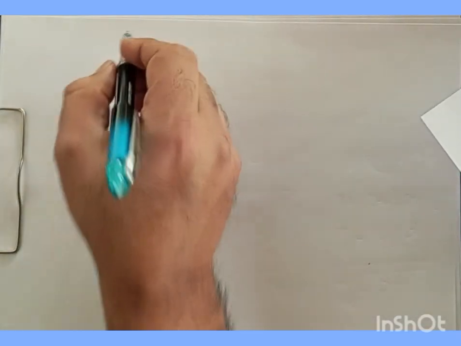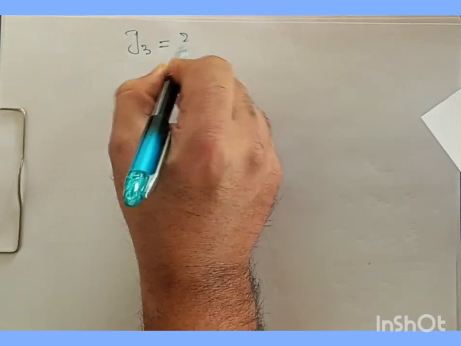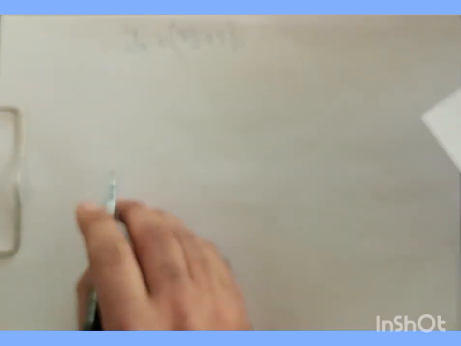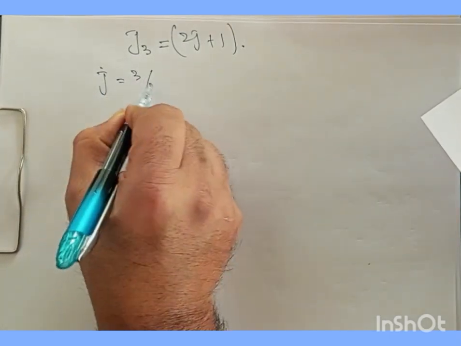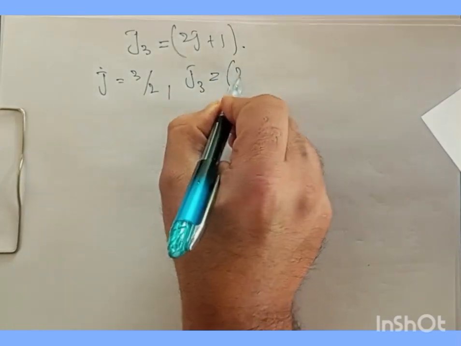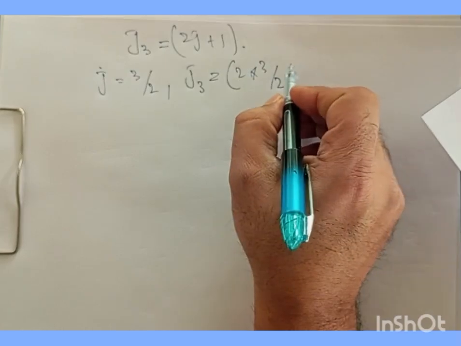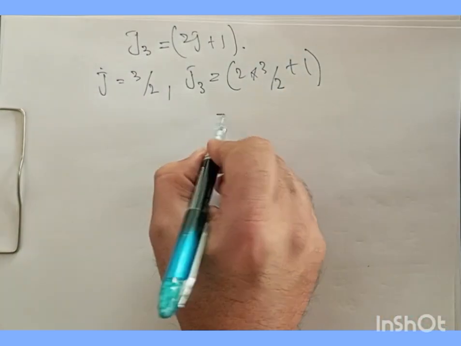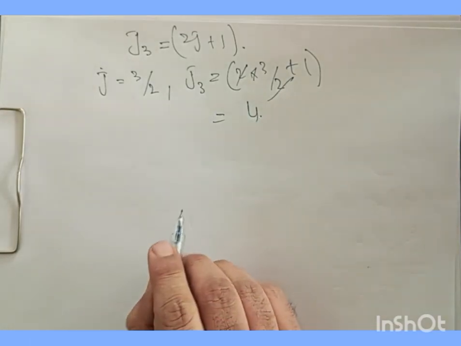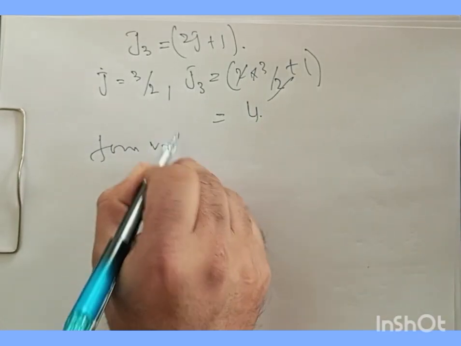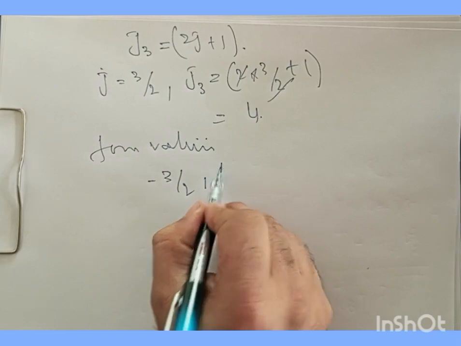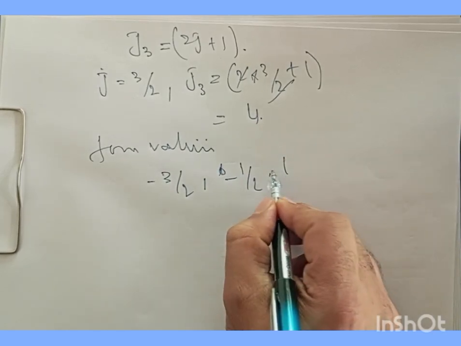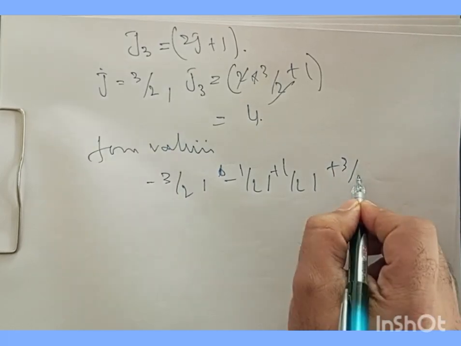For J equal to 3 by 2, J3 will be 2 times 3 by 2 plus 1, and the 2 and 2 will go, so we have 4 values: minus 3 by 2, minus 1 by 2, plus 1 by 2, and plus 3 by 2.